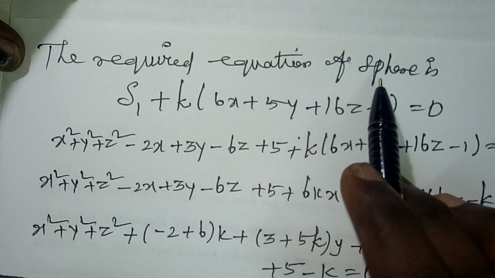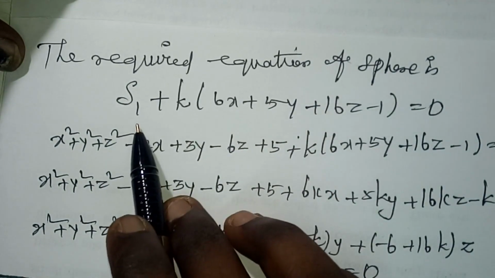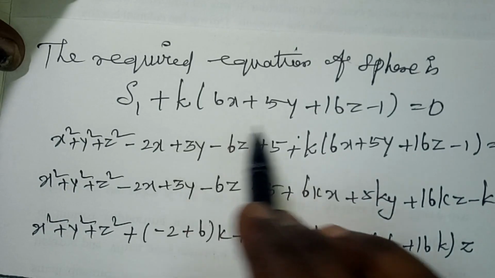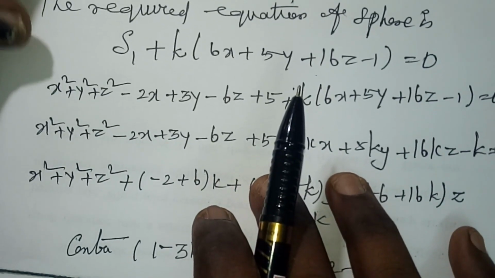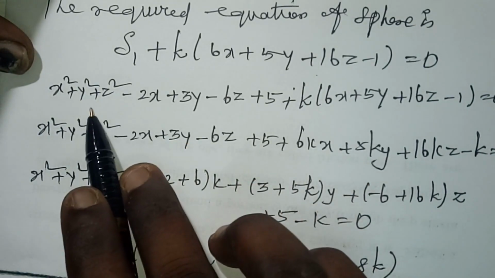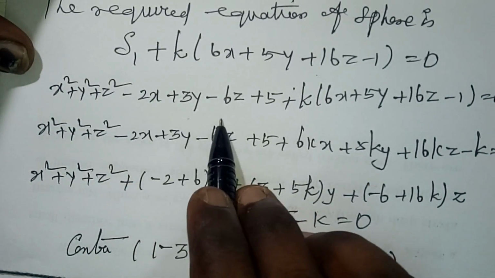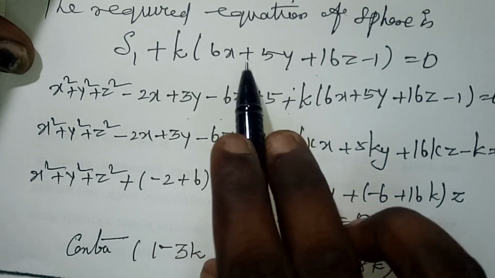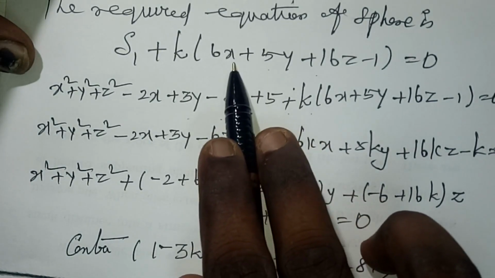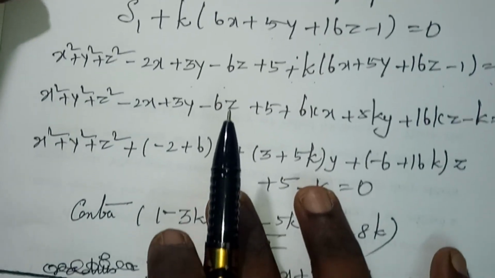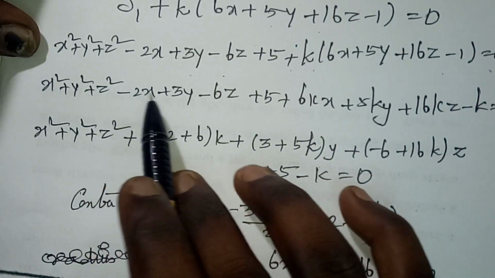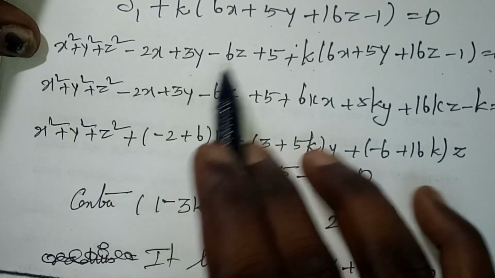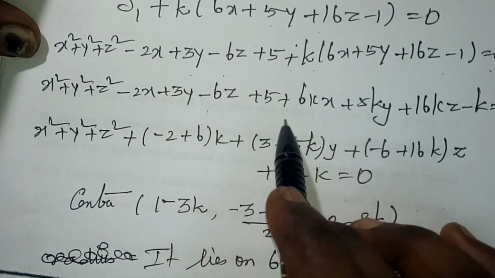So the required equation of the sphere is S1 + k times the equation of the plane = 0, right? So we know the equation of sphere 1, x² + y² + z² − 2x + 3y − 6z + 5, plus k times our equation of the plane = 0.